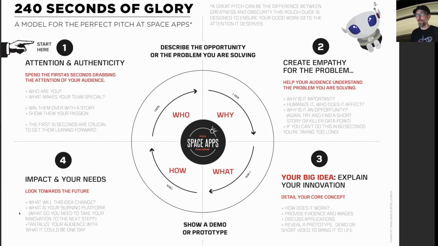And really, that's what Space Apps is all about. It's about changing the world with the projects that we come together to tackle over the course of just one weekend and make life better on Earth for humanity and improve our future in space together. So that's 3 minutes, 55 seconds by my count, and that's 240 seconds of glory.